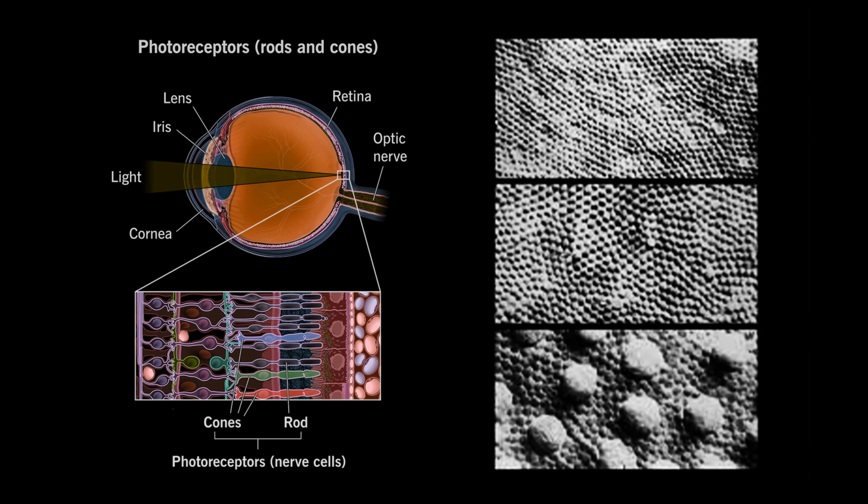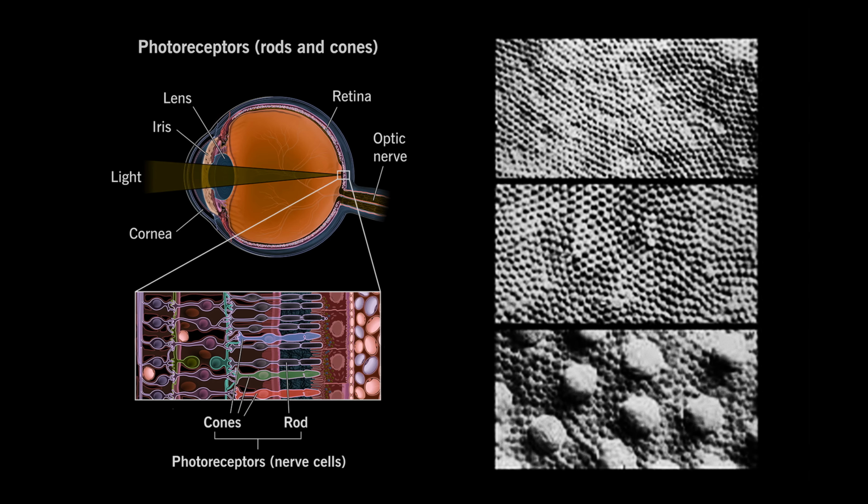And so we can now start to talk about the photoreceptors in the retina. So as we said, as the light enters the eye, it eventually reaches the retina and the optic nerve. And the retina has photoreceptors, which, as the name suggests, receive photons. Now, there are two kinds of photoreceptors in the retina. There are rods and there are cones.